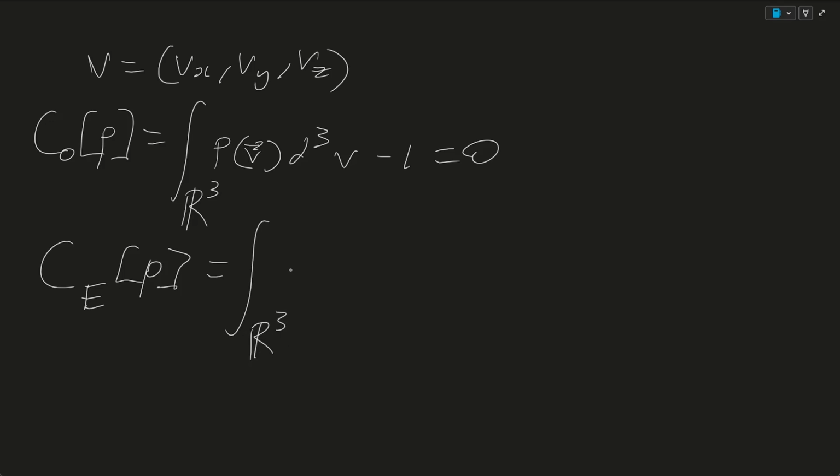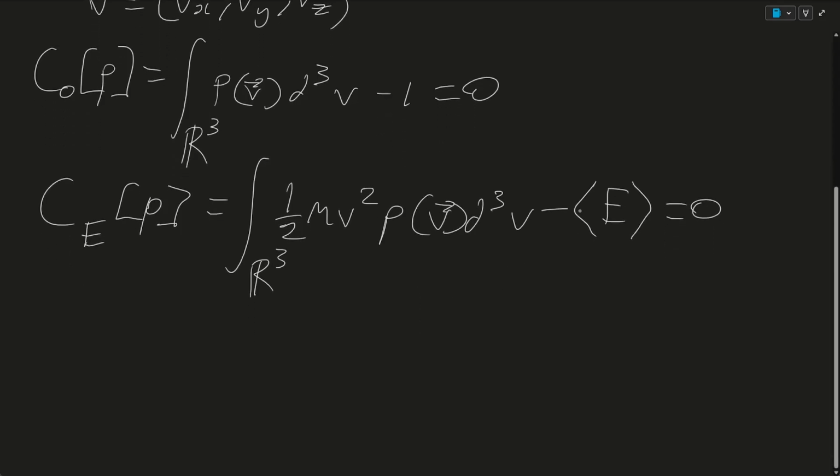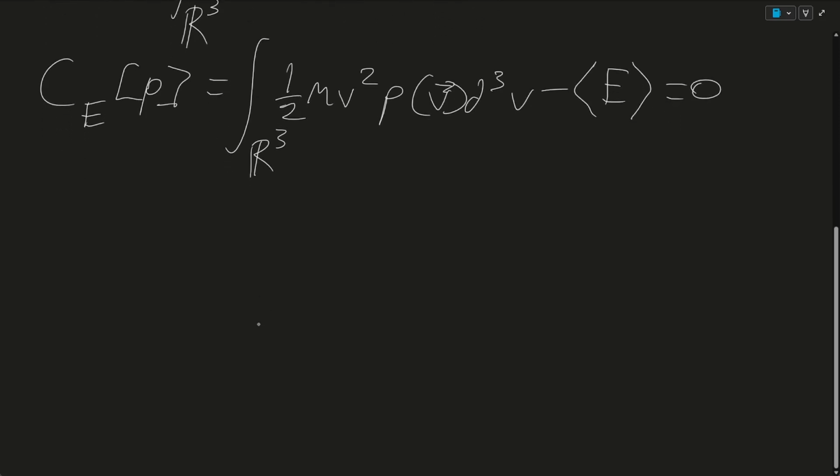So over our R cubed space, this is just standard three-dimensional space, the integral of v squared P(v) d cubed v, obviously because it's over the three dimensions. I come to understand this is standard notation in statistical mechanics, meaning the average kinetic energy.